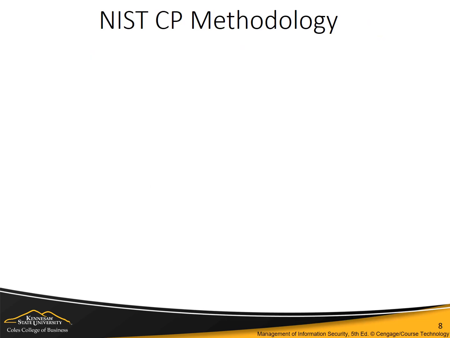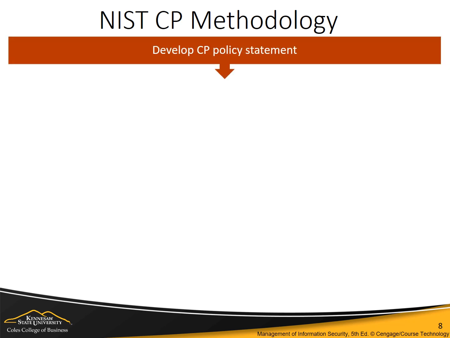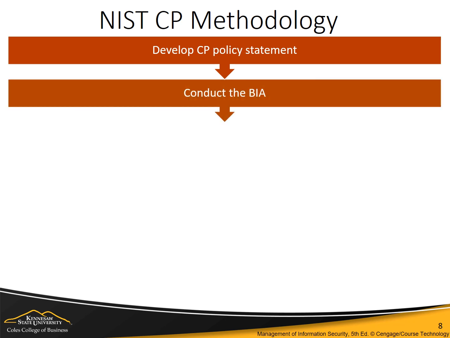Once formed, the Contingency Planning Management Team begins developing a contingency planning document, for which NIST recommends the following steps. 1. Develop the CP policy statement. This is a formal policy that provides the authority and guidance necessary to develop an effective contingency plan. 2.